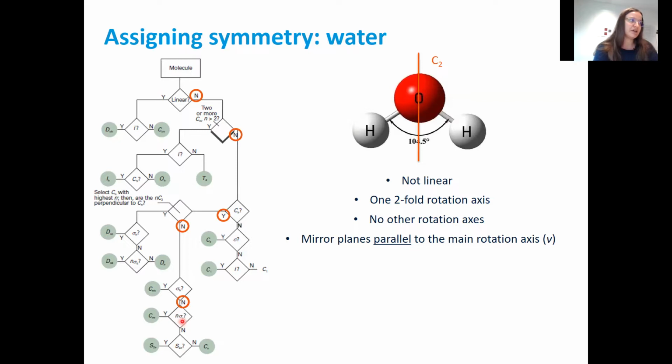The next question is, do you have any sigma v? So a mirror plane parallel to the main rotation axis. And unsurprisingly, when you go parallel to the main rotation axis, either parallel on the plane of the page, then if you keep this on the plane of the page, this is symmetric with the mirror.